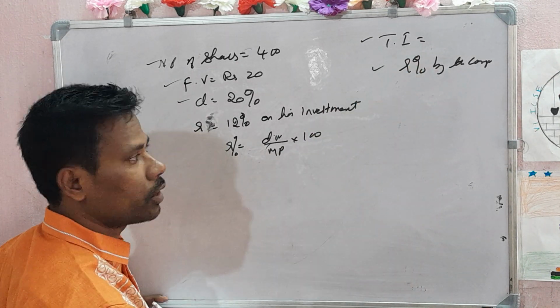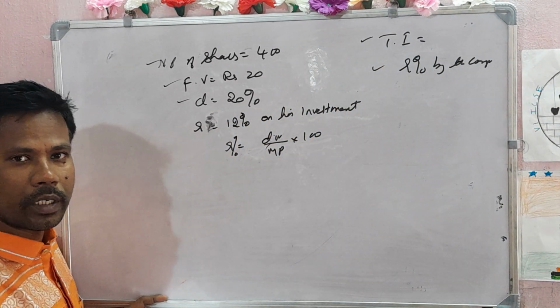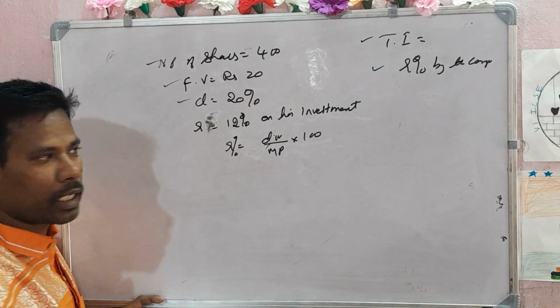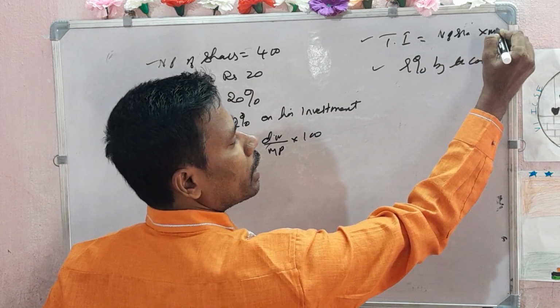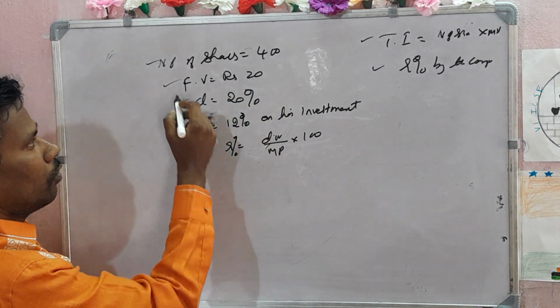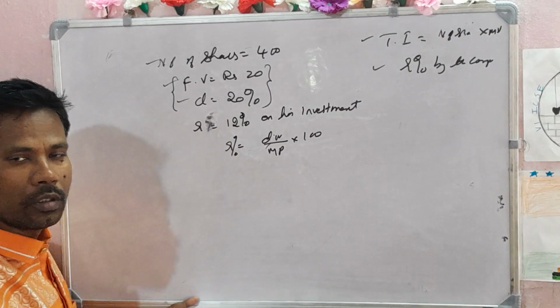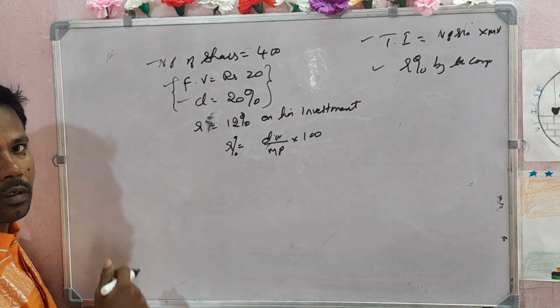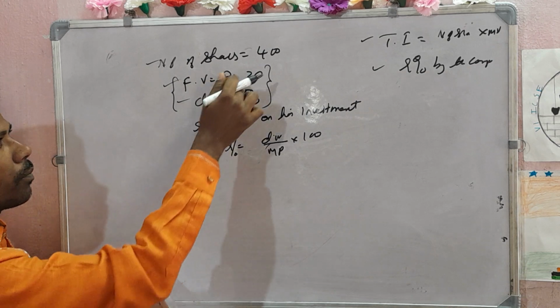The first bit is total investment. The formula for total investment is number of shares into market price. Number of shares is already given, but we don't know the market value. We can calculate the market value because face value and discount are given. When discount is given, you subtract it from the face value.